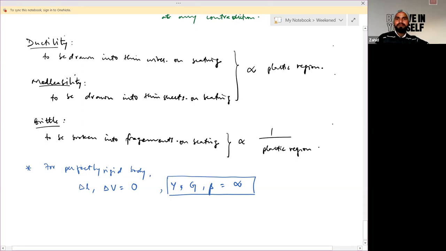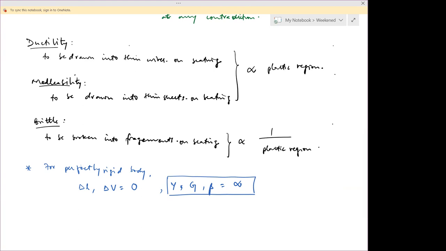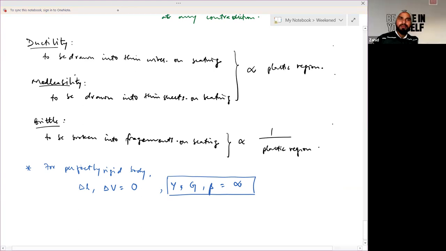So let's stop here. I will define one more term in the next class, and then we'll continue mechanical properties of fluid. Okay, Mamuna? Okay, sir. Okay then.